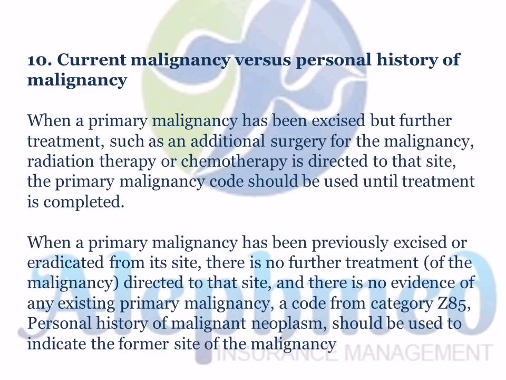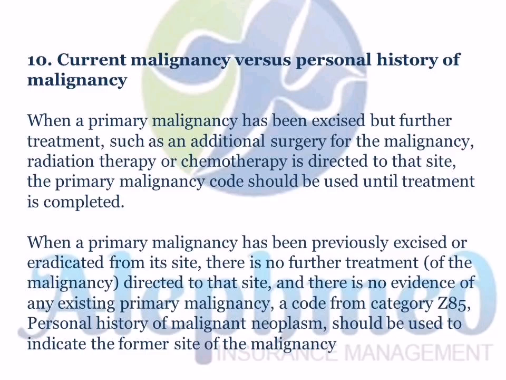This is for the first case, that is, there was a primary malignancy, and even if it is degrading and the patient is coming to a normal stage, but still we are doing some kind of treatment for this particular malignancy, then we have to code that primary malignancy as a principal diagnosis.